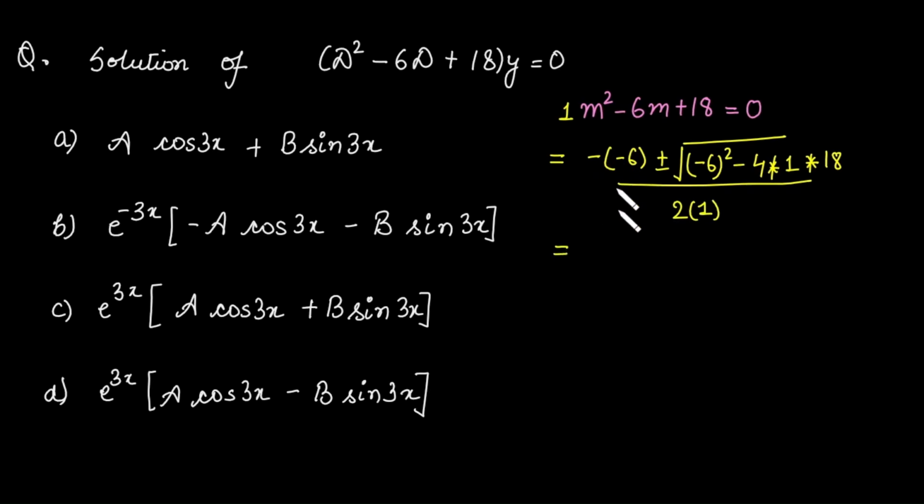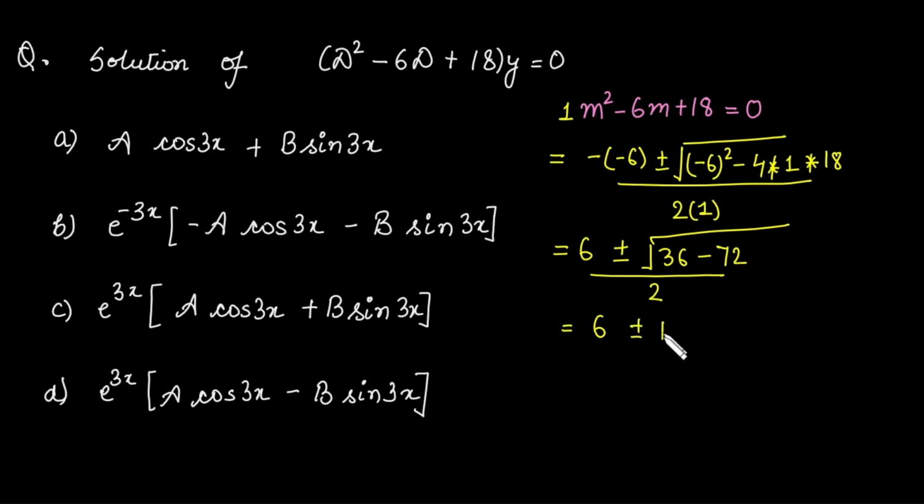Simplify this: minus minus plus 6 plus minus under root 36 minus 72 divided by 2. So this can be further written as 6 plus minus under root minus 36 divided by 2, and hence we have 6 plus minus 6 iota by 2. This is further equal to 3 plus minus 3 iota.